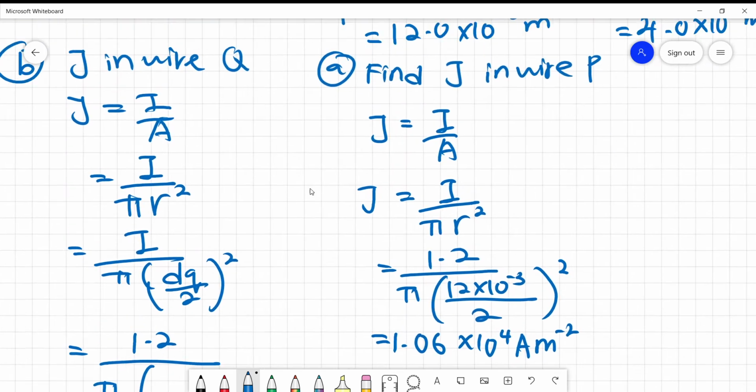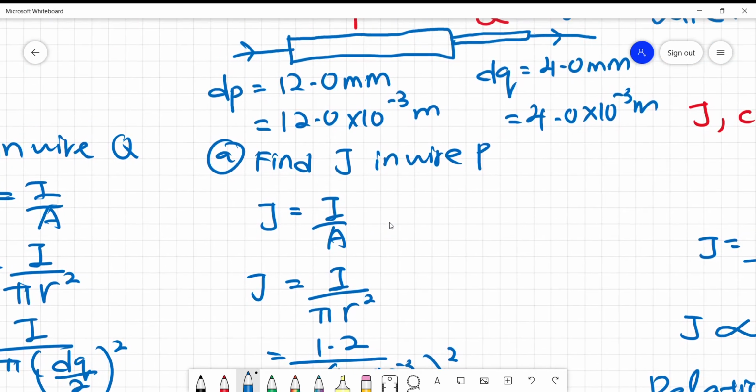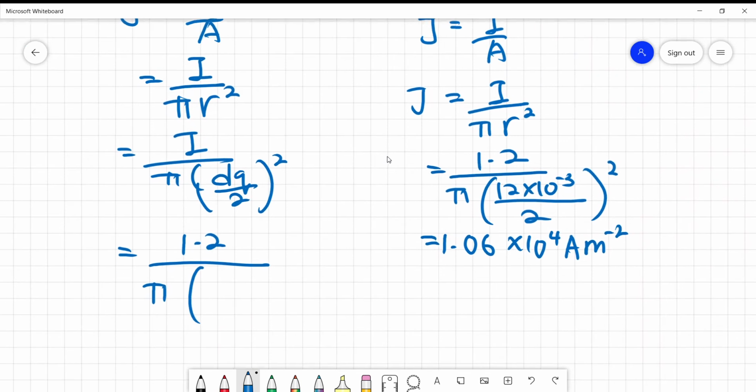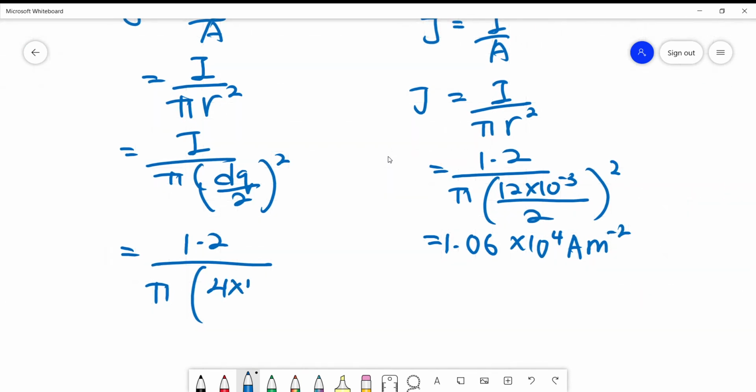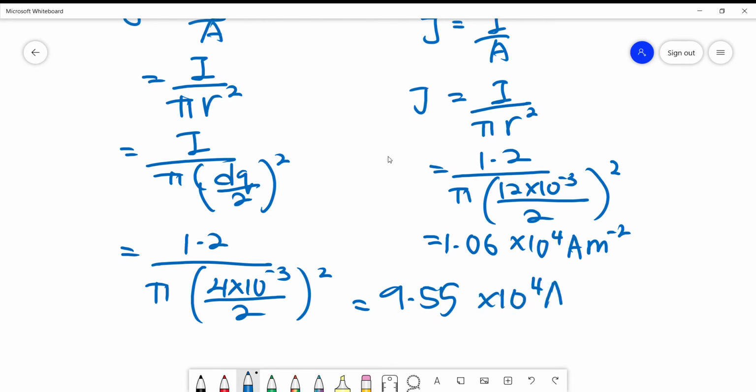The diameter for the wire Q is 4 times 10 to the power negative 3, over 2, and squared. If I calculate it, the answer I get is 9.55 times 10 to the power of 4 ampere per meter square.